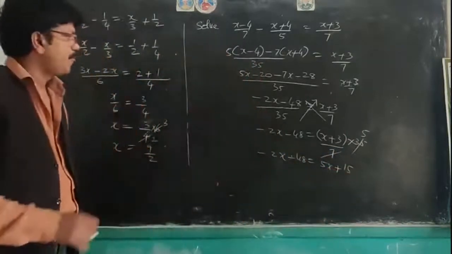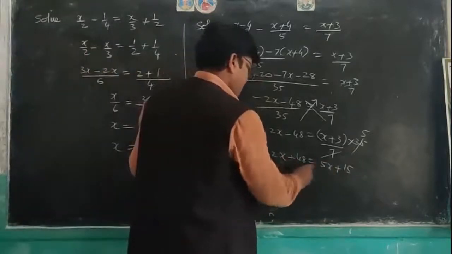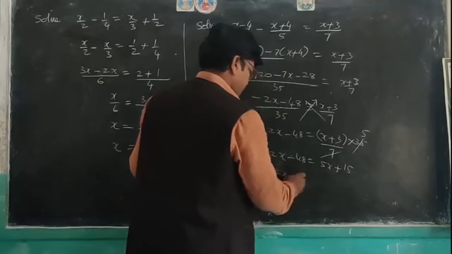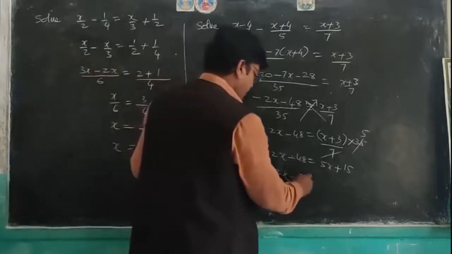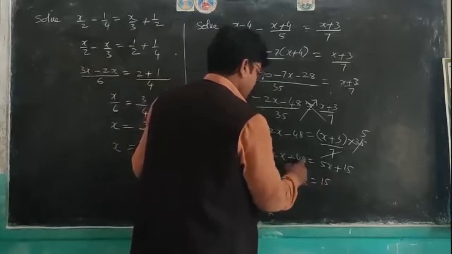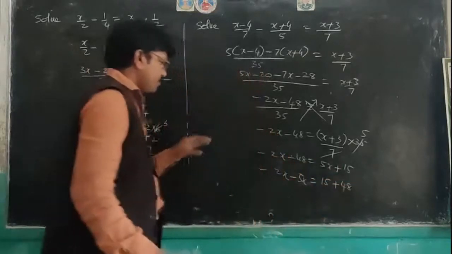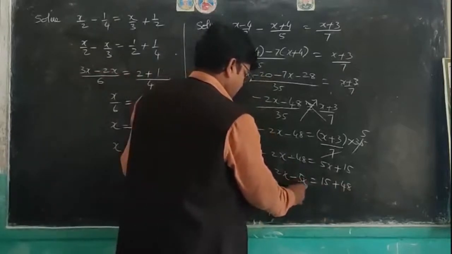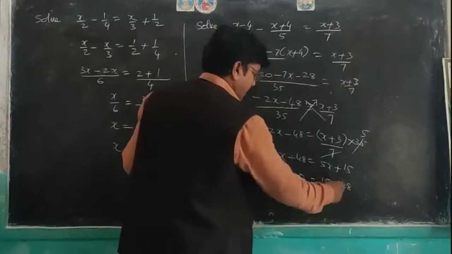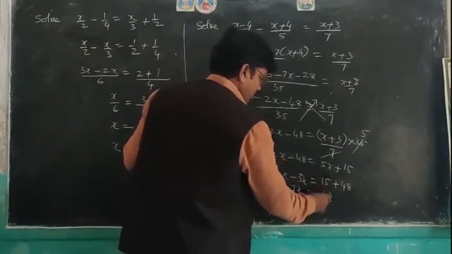Very simple. Again, minus 2x and 5x: transpose 5x to LHS as minus 5x, and transpose 15 minus 48 to RHS, so plus 48. Minus 2x minus 5x equals, add these two, 63.